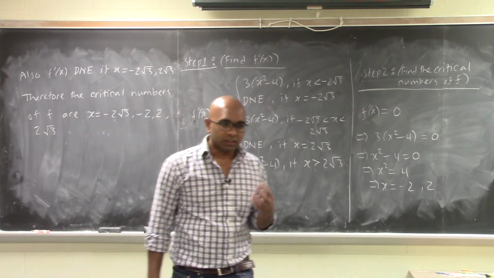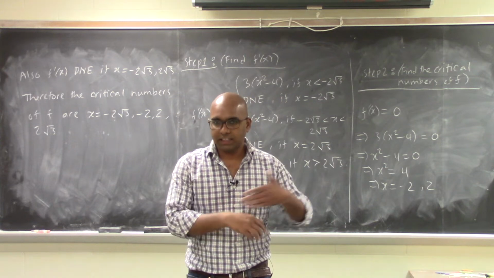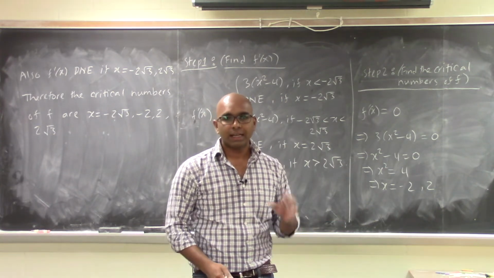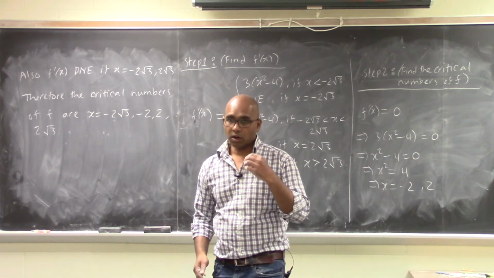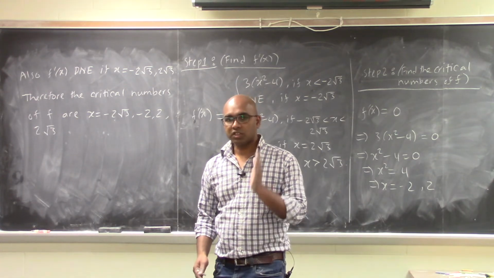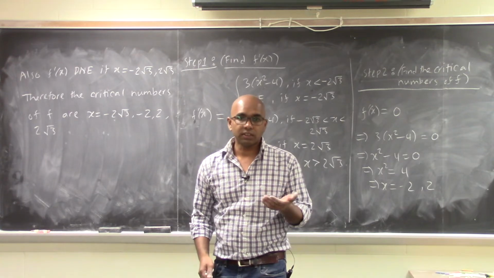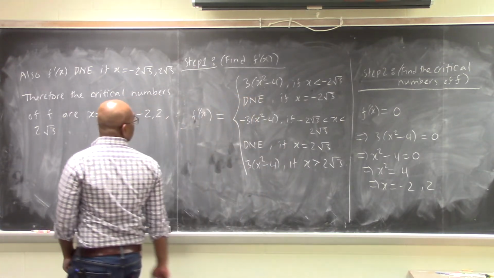And in the third step, we're going to do that increasing decreasing fact of a function. Now we need to figure out when this function is increasing or decreasing. In fact, strictly increasing or strictly decreasing. Okay, so that's step 3.